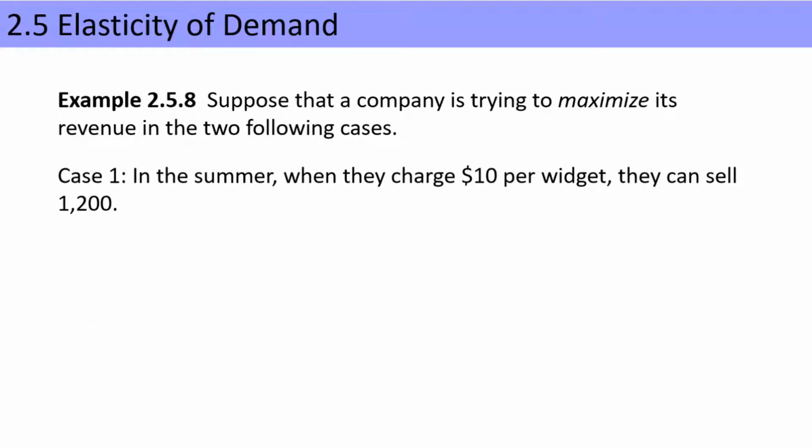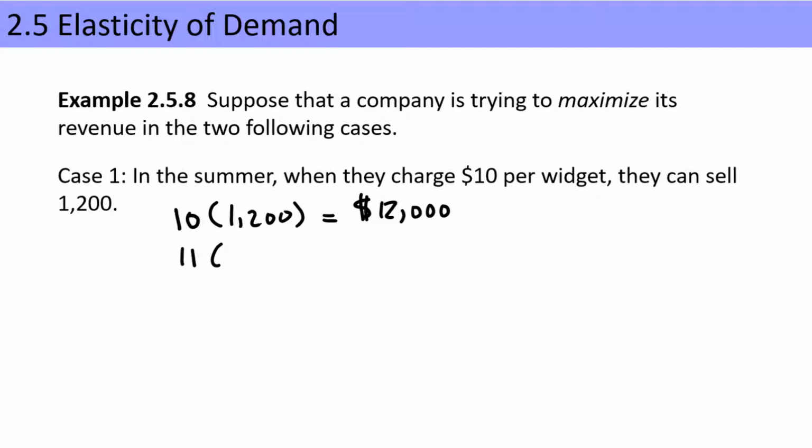Let's consider the summer case. The current revenue would be $10 per widget, sell 1,200, so the revenue is $12,000. With the price increase, it'll be $11 per widget.